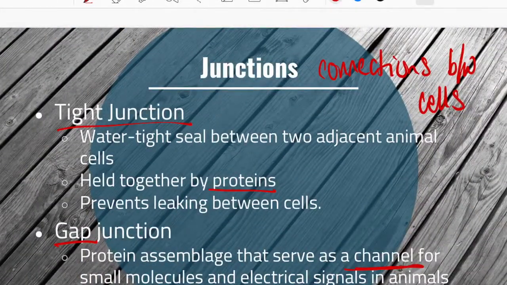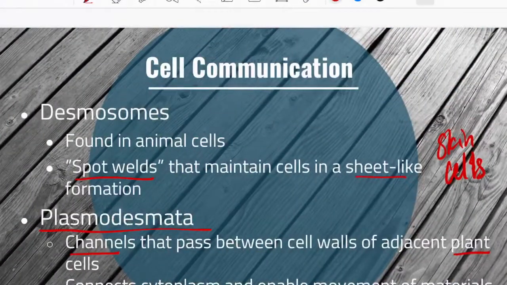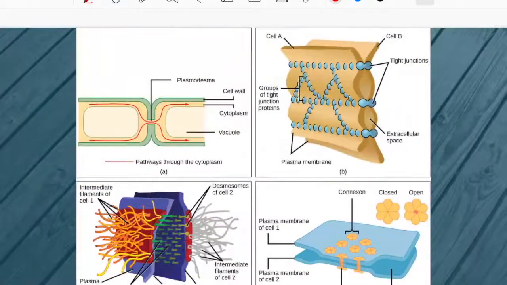So tight junctions, tight. Don't allow anything through animal cells. Gap junctions allow for movement of information such as nerve impulses. Desmosomes are spot welds that hold the cells together like sheets, and then plasmodesmata have channels that allow for movement of materials between plant cells.